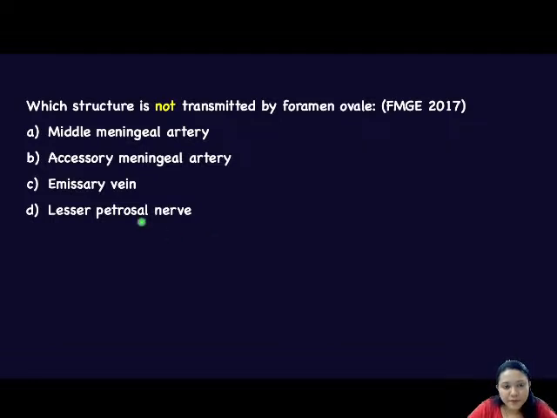Just now we have studied the mnemonic MALE. So which structure is not transmitted by the foramen ovale? I'm waiting for a quick answer. It's a very easy question, repeated many times in the exam. Anybody who wants to answer this in the chat?